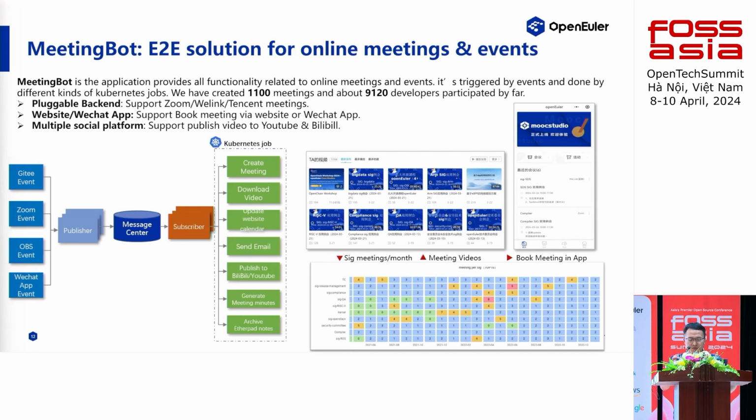You can book a meeting via the website or WeChat app, and rewatch the meeting video on YouTube or Bilibili. Actually, the architecture of the meeting bot is quite simple, and most of the job is done by Kubernetes. Once the meeting event comes, we use Kubernetes to create a meeting, send the email to our maintainers, download our meeting videos, as well as publish them to social platforms.